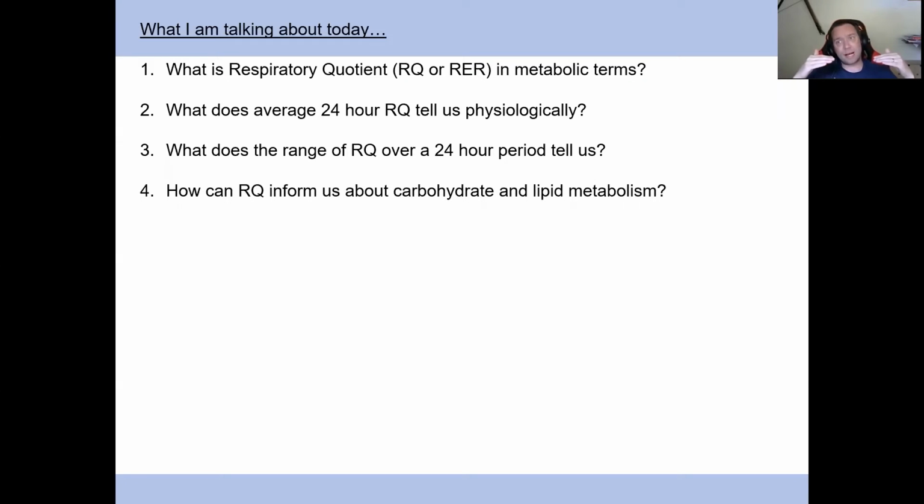This is more about how much amplitude the RQ has, because it's not static over those 24 hours. It varies quite a lot. And then finally, we're going to move that into a more biological setting and think about how RQ can inform us about carbohydrate and lipid metabolism in mice. And we think those things are important for understanding how obesity leads to metabolic diseases such as diabetes.